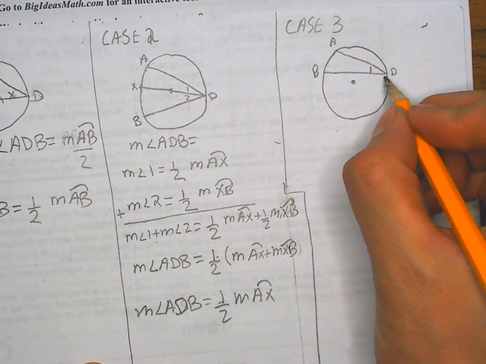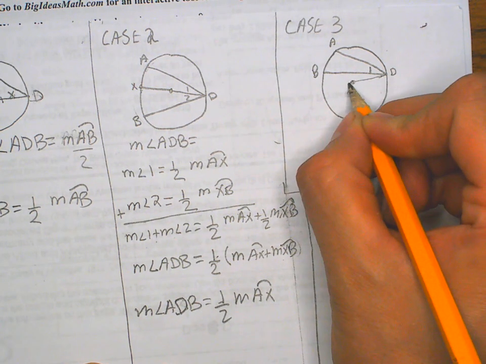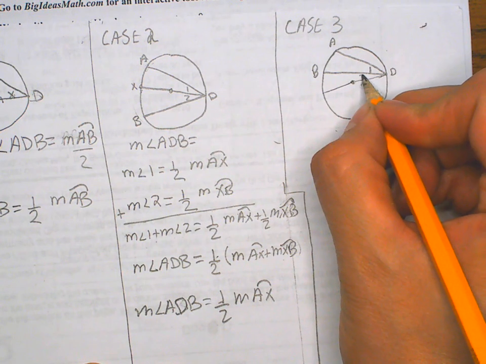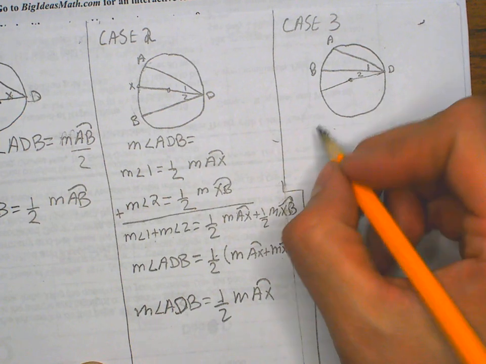So what I'm going to do is, again, draw a line going through the center. I'm going to call this angle 2. Okay, so here's what we have.